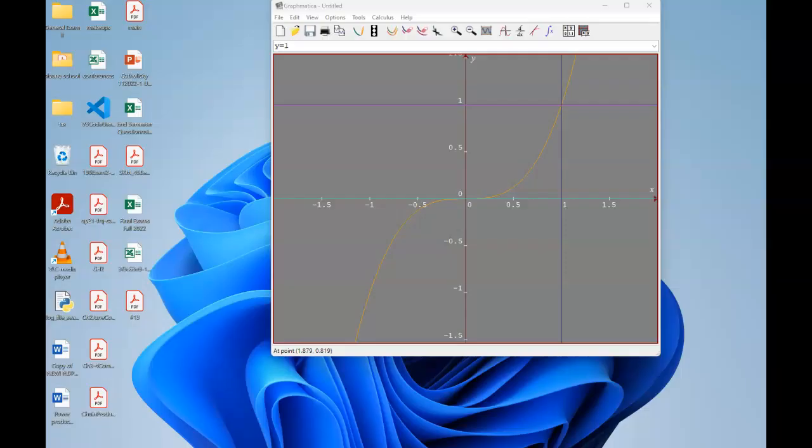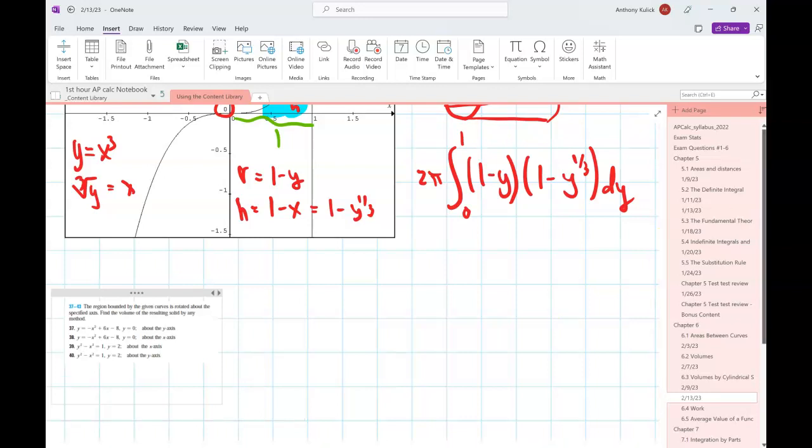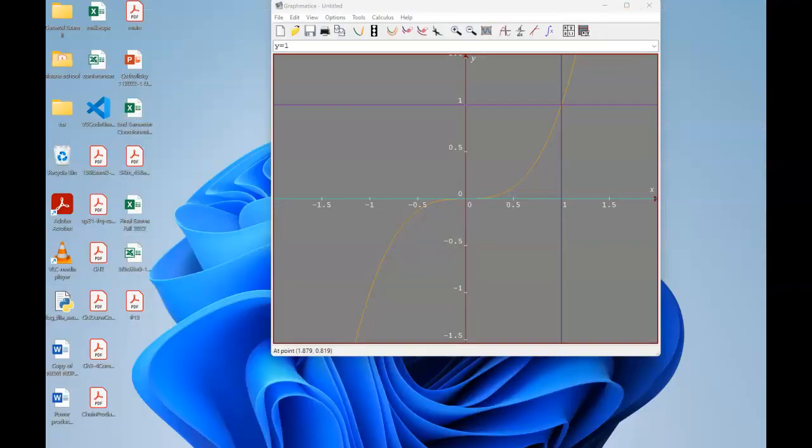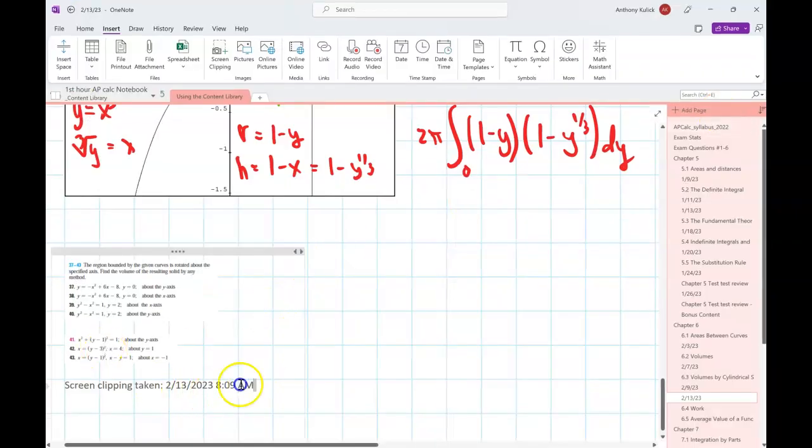We're looking at 37 through 43. We're doing them right now. Whatever we don't finish, we'll let you guys work on. But we're going to do these right now.